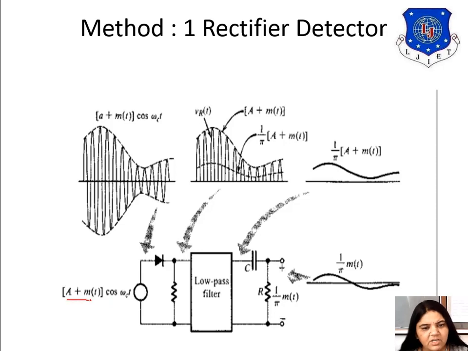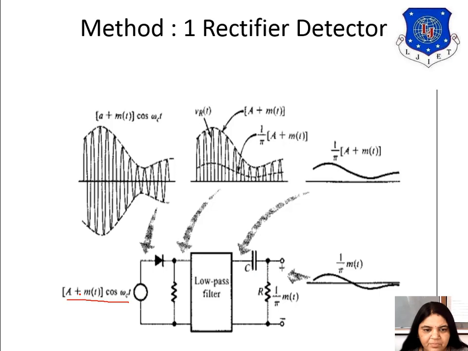This is the equation of the amplitude modulated wave, and it is passing through the diode. Now this diode D will act as a rectifier. The rectifier output is given to the filter, and it passes through the capacitor, and we can get the output across this R.